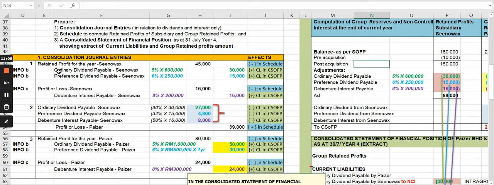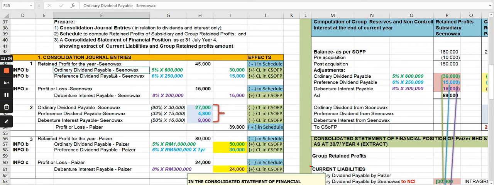The retained profit means the profit for the year, which is in the statement of changes in equity under the retained profit column. But we are not preparing the statement of changes in equity, so this will be done in the schedule or the analysis of financial statement schedule. So the retained profit that will be used is just for the dividend payment.